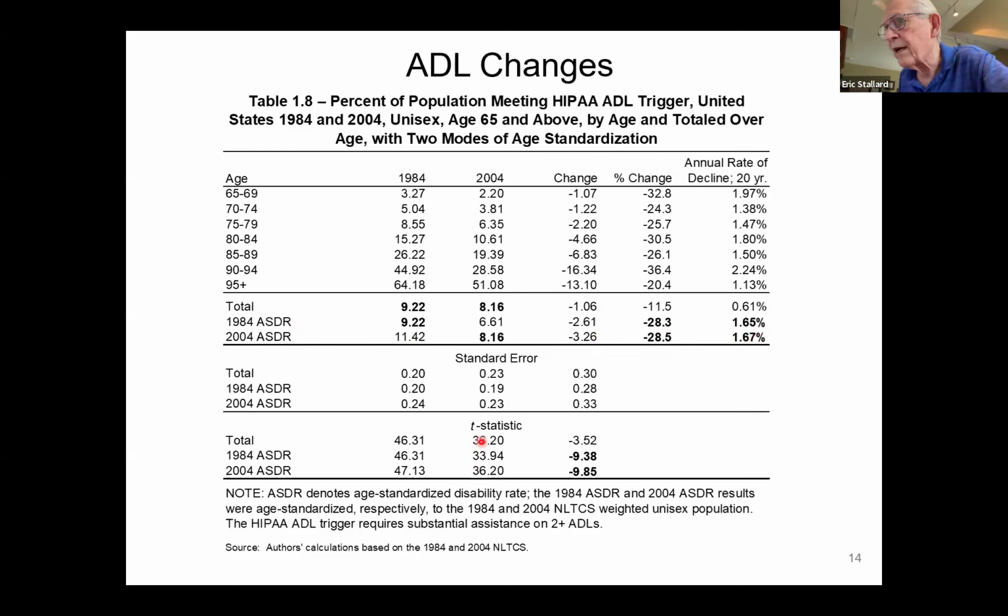And I will point out here, we're always very concerned about precision. The t-statistics for these rates are incredibly high for the base rates, but even the t-statistics for the change are up near 10. So that's indicating that our measures are very precise.